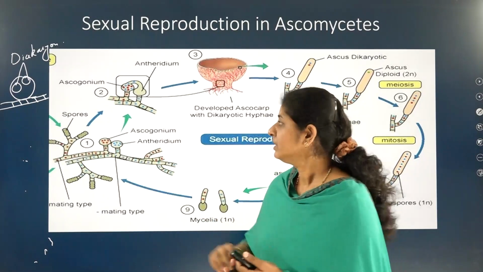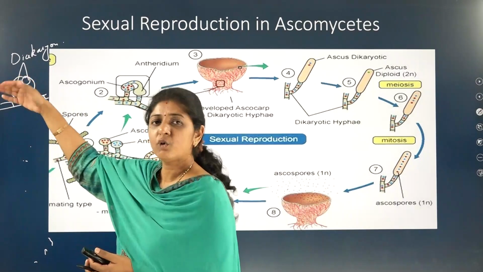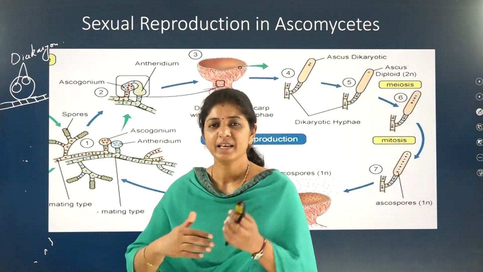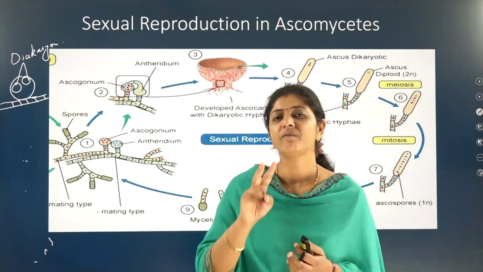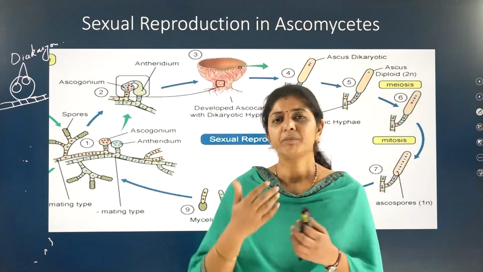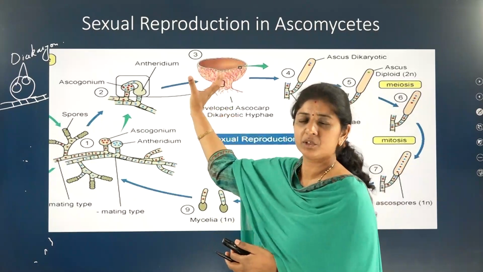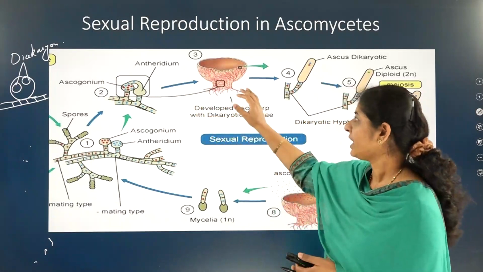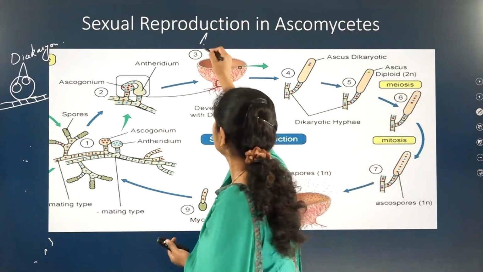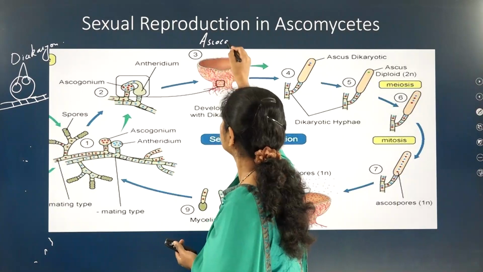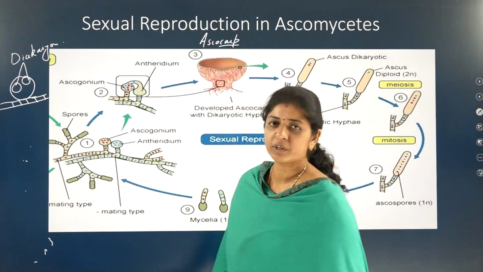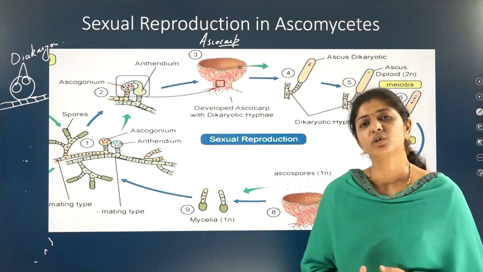Now what will happen? This cell will undergo mitosis, right? Can I say every cell is now having two nuclei? They will keep on dividing mitotically and give you this cup-shaped structure, which you call an ascocarp. What do you call it? Ascocarp. Carp means fruit. It is like a fruiting body for the fungus.